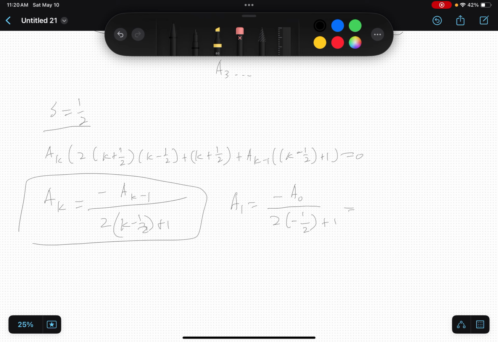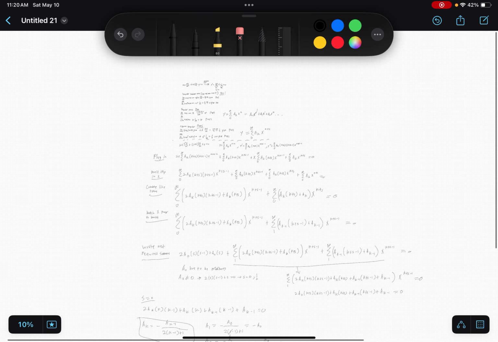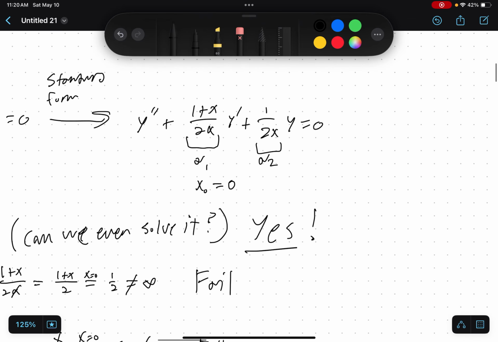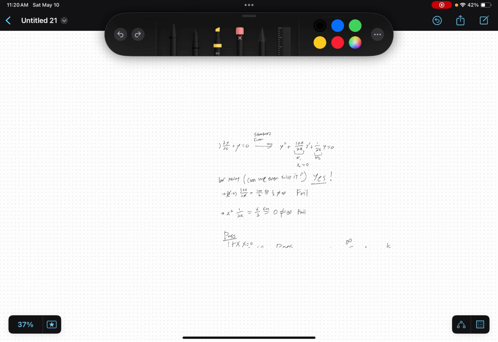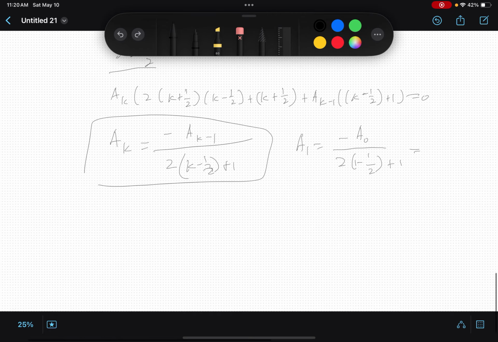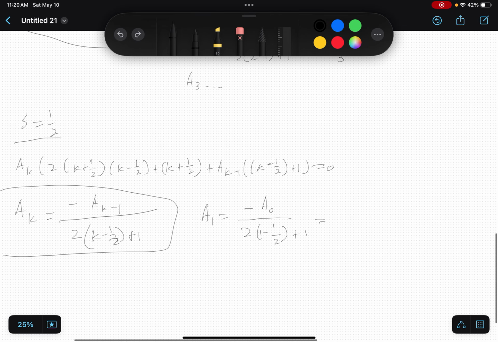Actually, no, it would be 1 minus 1/2. I was like, that equals 0 on the bottom, and we can't have that because we already took care of our singularity points up here, where we said x equals 0. Yeah, we already went around that. This equals, I don't really care what it equals, but it equals something.